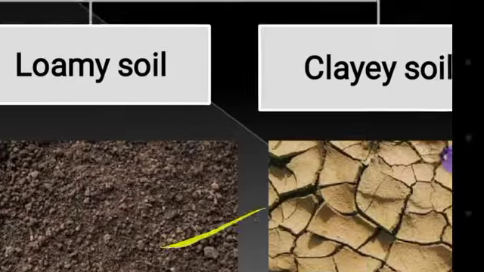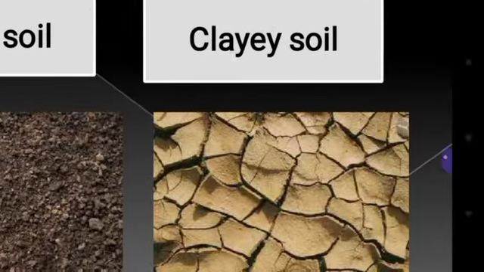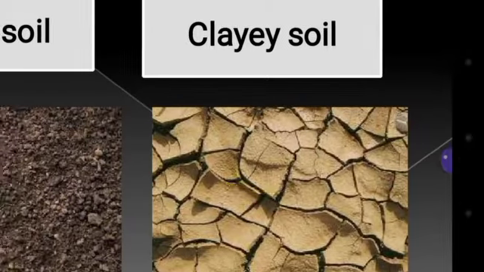The third type of soil is clay soil. You can see the picture of clay soil. It has cracks and it is made up of extremely fine particles which stick together and hold a lot of water and air.